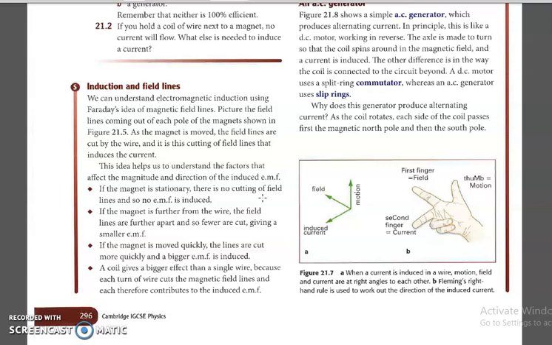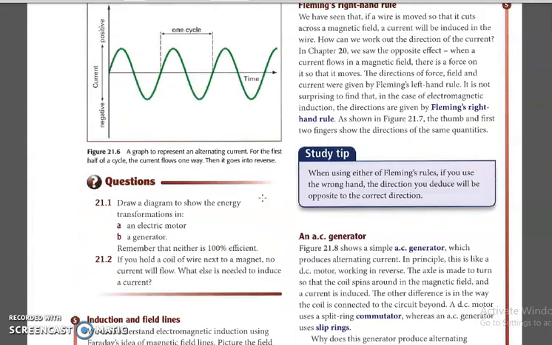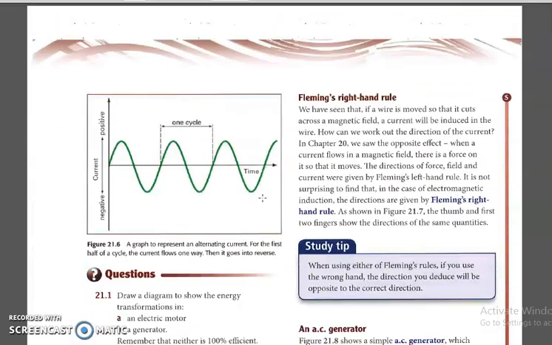In a coil, each turn has more magnetic field lines, so we can generate more current. A coil gives a bigger effect than a single wire because each turn of wire cuts the magnetic field lines, and each therefore contributes to the induced EMF.